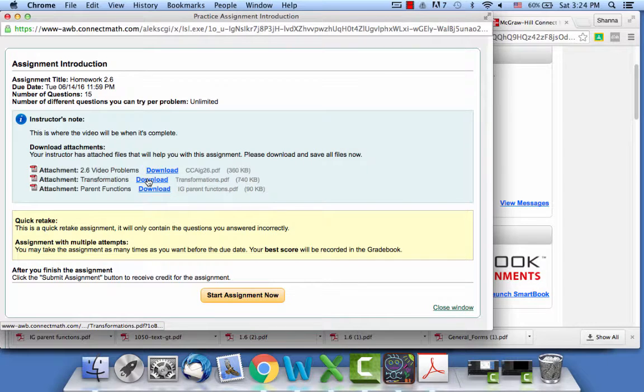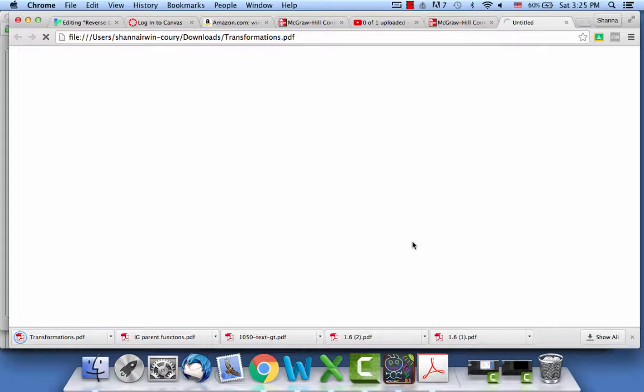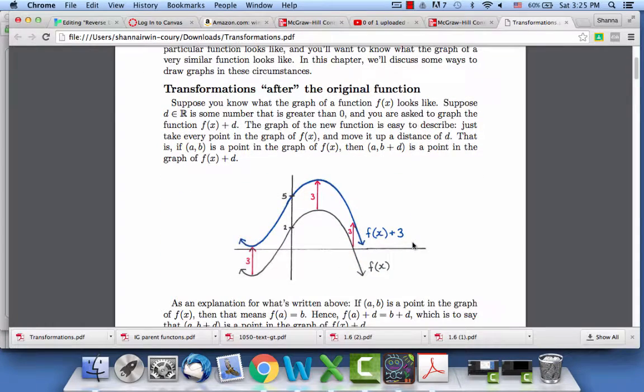Also posted this, which somebody else created, but which is pretty good. Basically, transformations: you have horizontal transformations and vertical transformations, and it all has to do with order of operations. So the transformations after the original function, those are vertical.